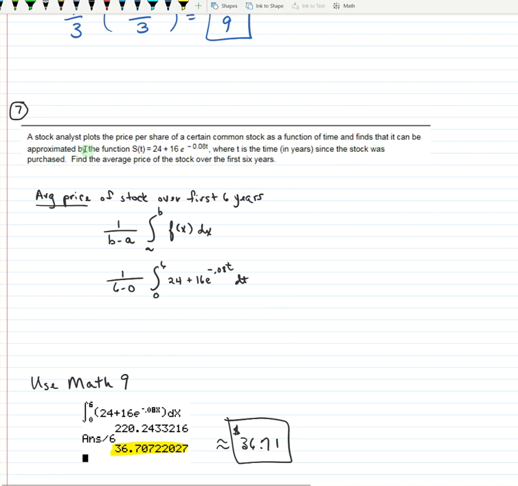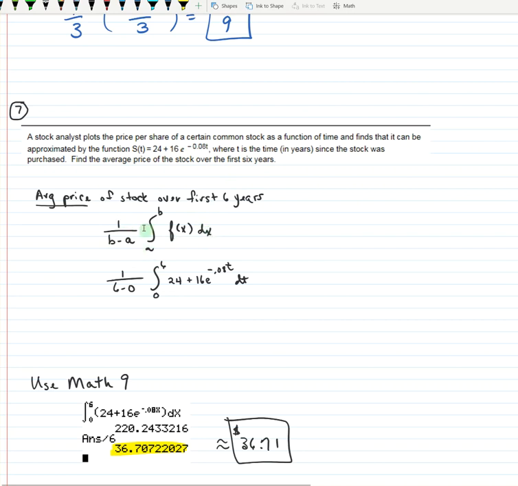Finds that it can be approximated by the function s of t equals 24 plus 16e to the -0.08t, where t is the time in years since the stock was purchased. Find the average price of the stock over the first 6 years. So that just tells you you're going to go from 0 to 6, and it's still average price of the stock. That's that last formula we were just using.